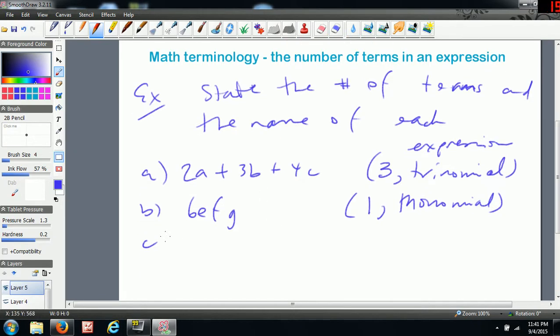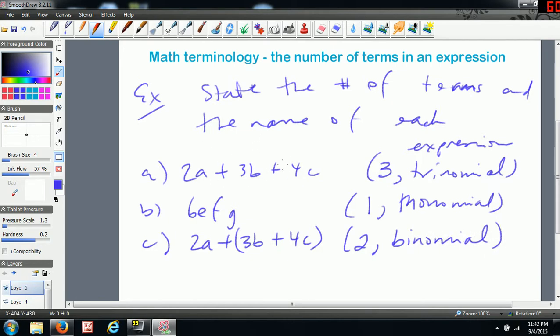Another example could be if we have 2a plus 3b plus 4c with brackets. Now, normally if we did not have brackets, this would be a three-termed expression, but because of the brackets, that makes this part only one term, and this is the other term, so this becomes two terms, and it's a binomial.